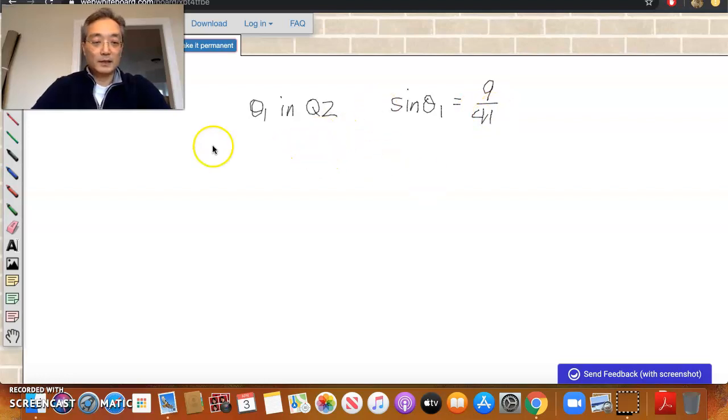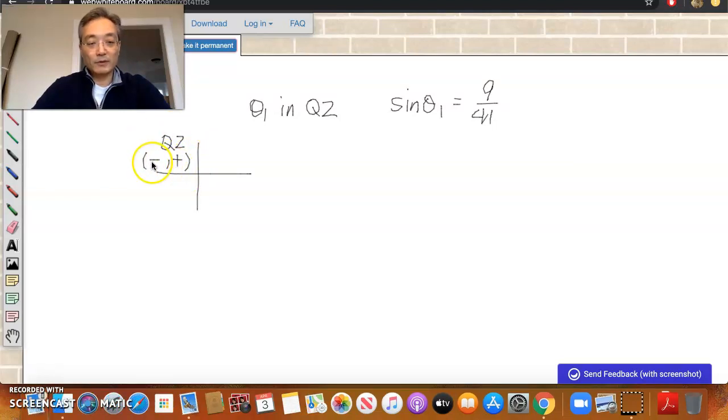Now, again, remember Q2 is here, right? This is the second quadrant. We know that the x coordinates are negative, but the y coordinates are positive, correct? So every point that's in Q2 is going to have a negative x coordinate and a positive y coordinate.